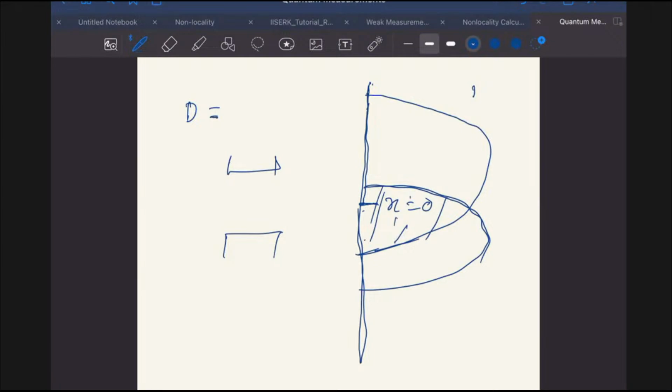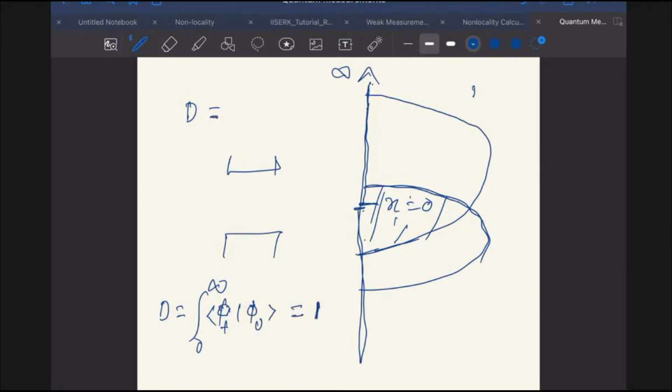unsharpness. So intuitively, how can I define a measure? As I said, if your phi plus was phi up, then you have a perfect detection. So from 0 to infinity, I can define such a measure. Let's say phi plus and phi up should be the same. If it was the same, then it should be 1, and then I have a perfect measurement.